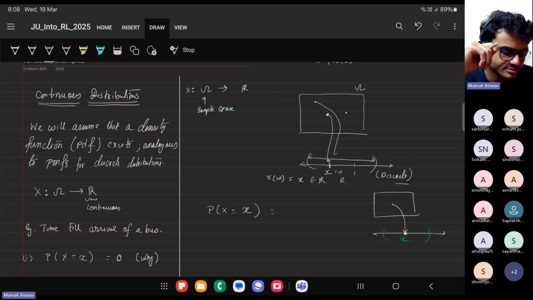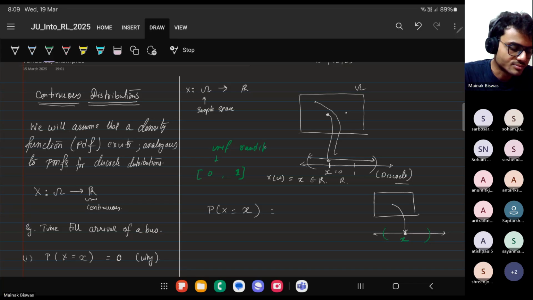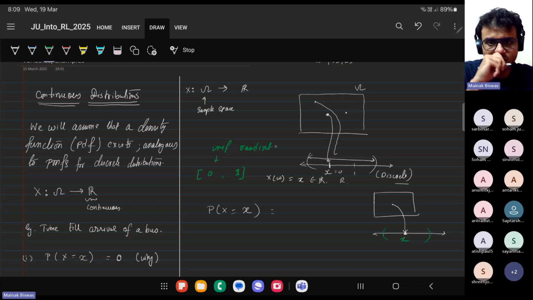Any idea? In computer science, you do it all the time, using the uniform or rand function, whatever you use, Java, C++, C. This rand function samples uniformly between 0 and 1.